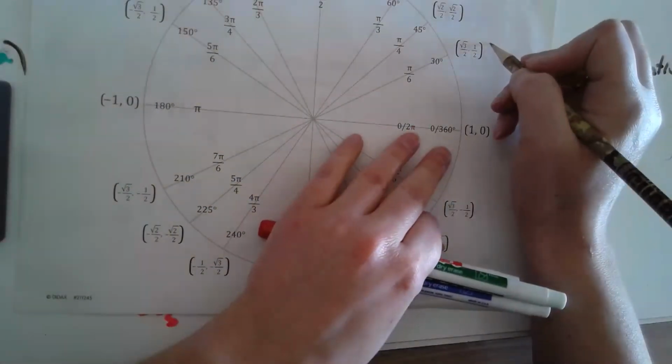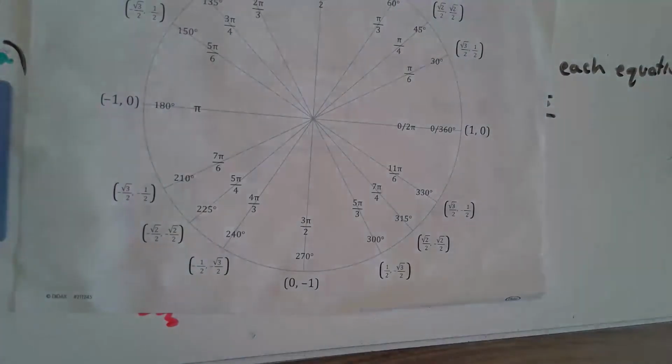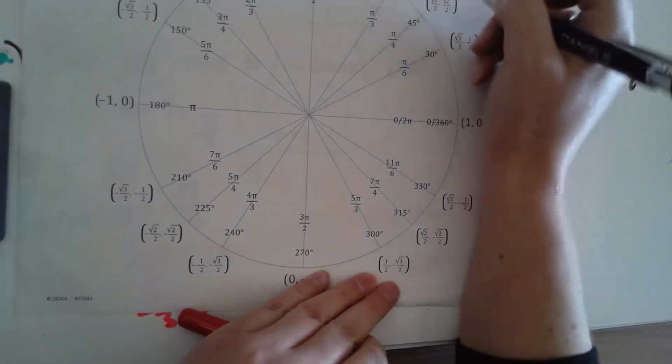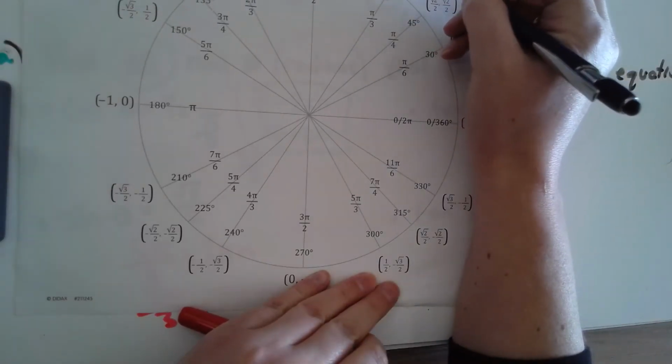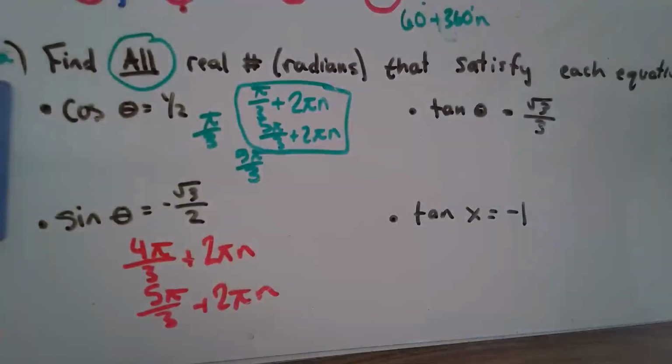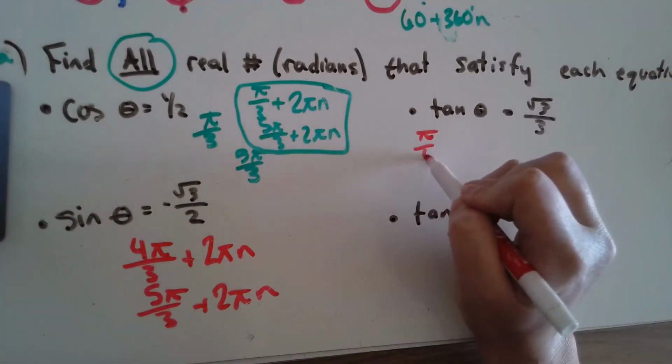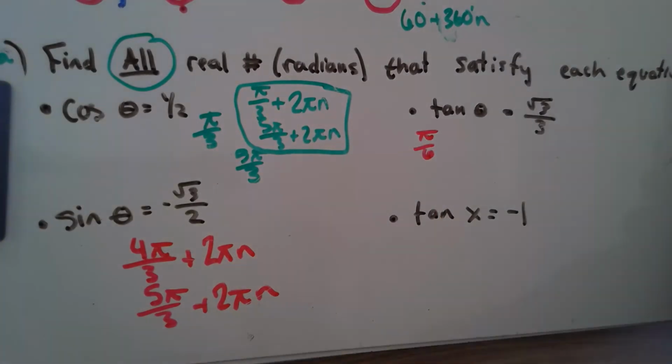So this one was square root 3. This one was square root 3 over 3, 1, and square root 3. So where we want tangent to be square root 3 over 3, that was my pi over 6. And so there's my one positive. So I'm looking for another one that has square root 3 over 3.